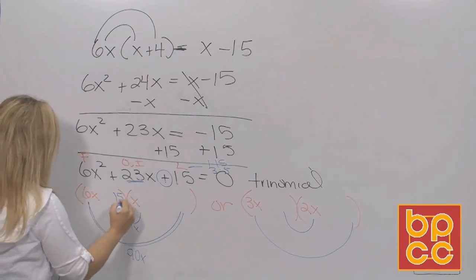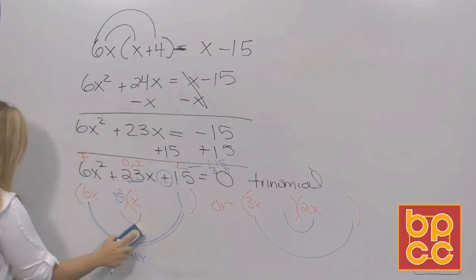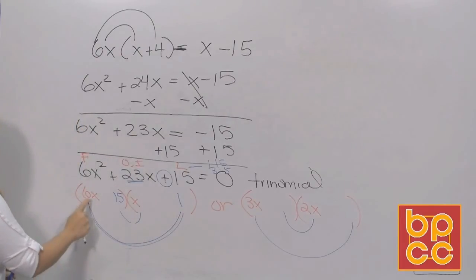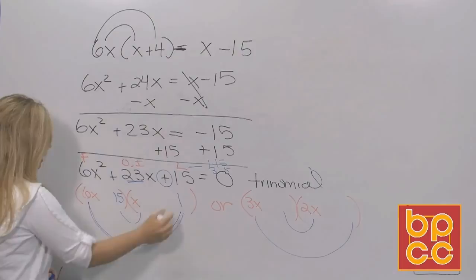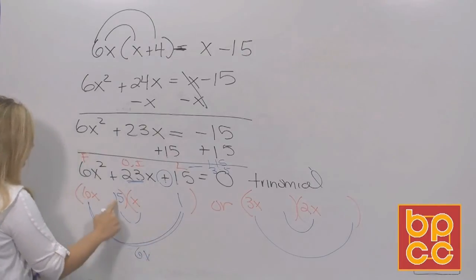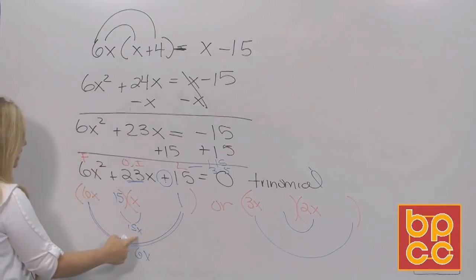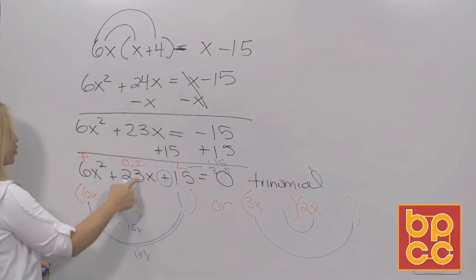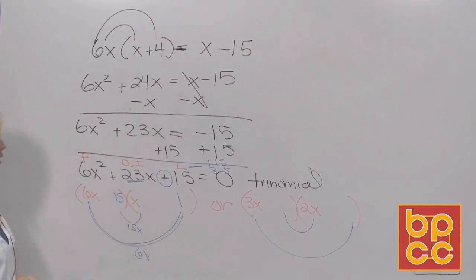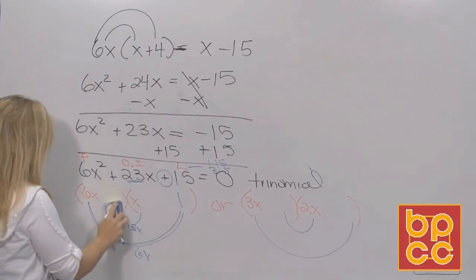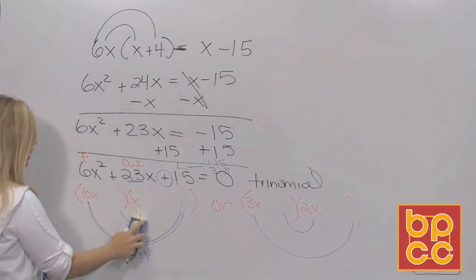Let's switch them and try again. So I do the outers. 6x times 1 is 6x. 15 times x is 15x. Will 15x and 6x add to what's in the middle, 23? No, it will not. So that means the 1 and 15 don't work here.